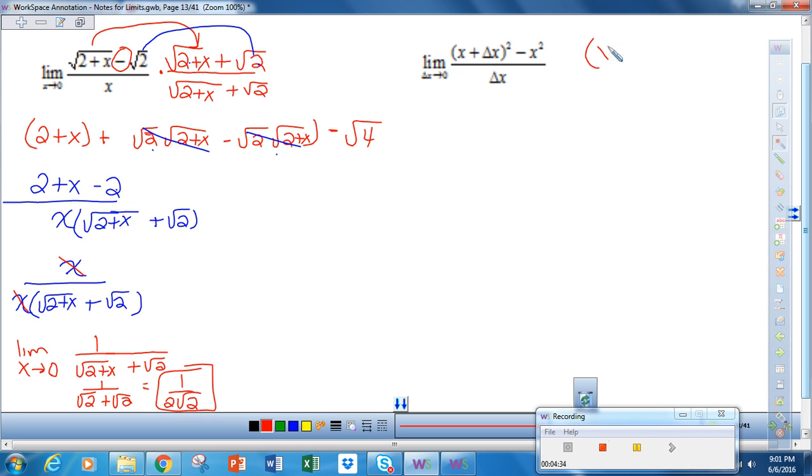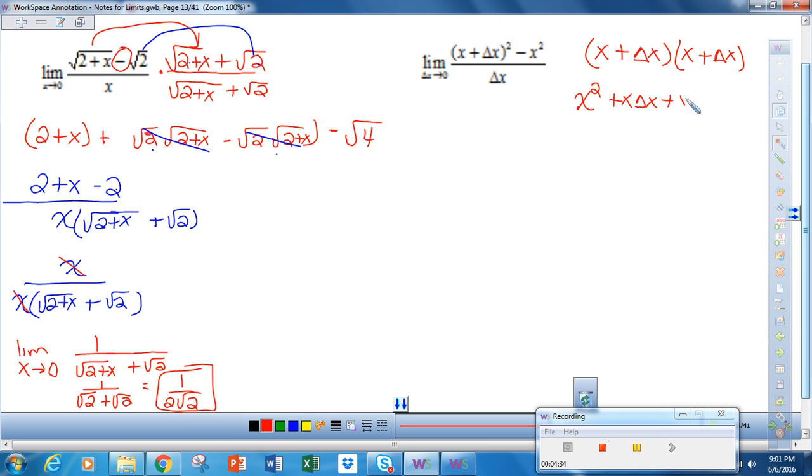So what we have is x plus delta x squared, or x plus delta x times x plus delta x. Once again, I'm going to multiply this out one time, and then after that you should be able to do it in your head. So this is going to give me x squared. This is going to give me x delta x.